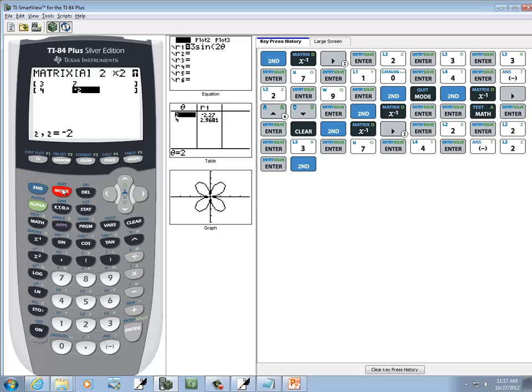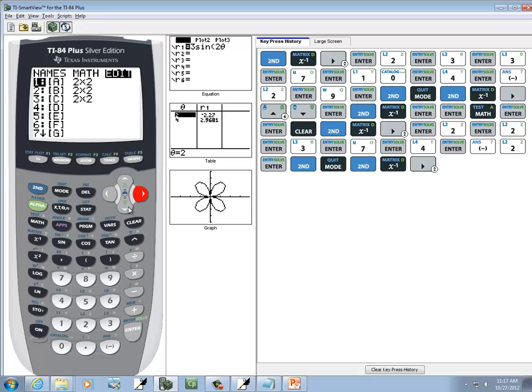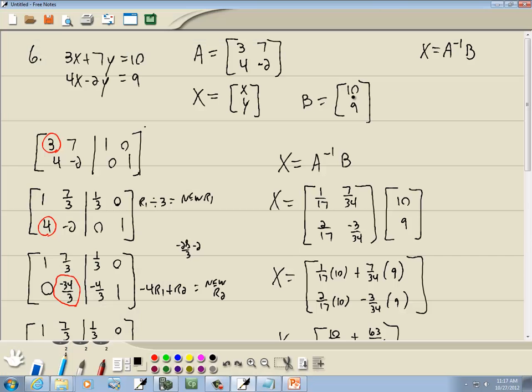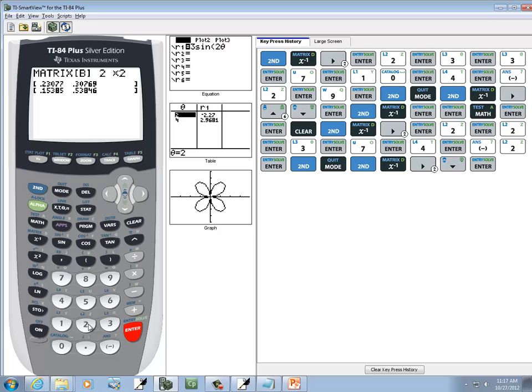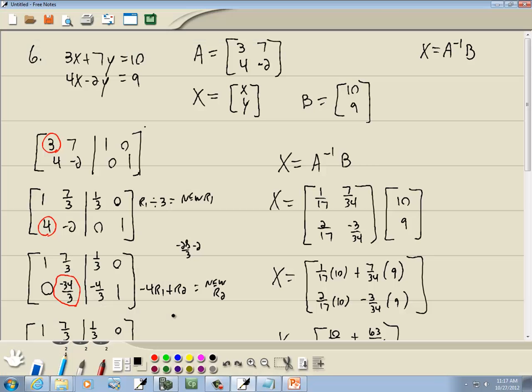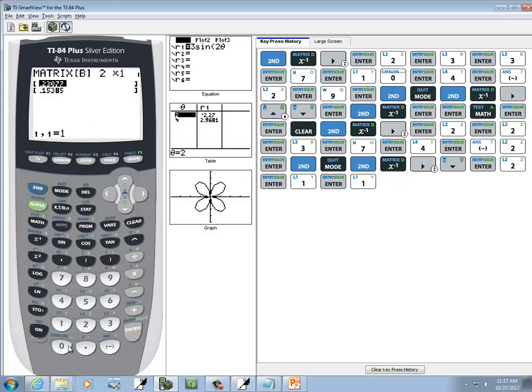Exit out, go back into my matrix menu, go over to edit, down arrow to B, and this one is rows by column, so 2 by 1, so 2 enter, 1 enter, and we got 10 and 9, so 10 enter, 9 enter, then exit out.